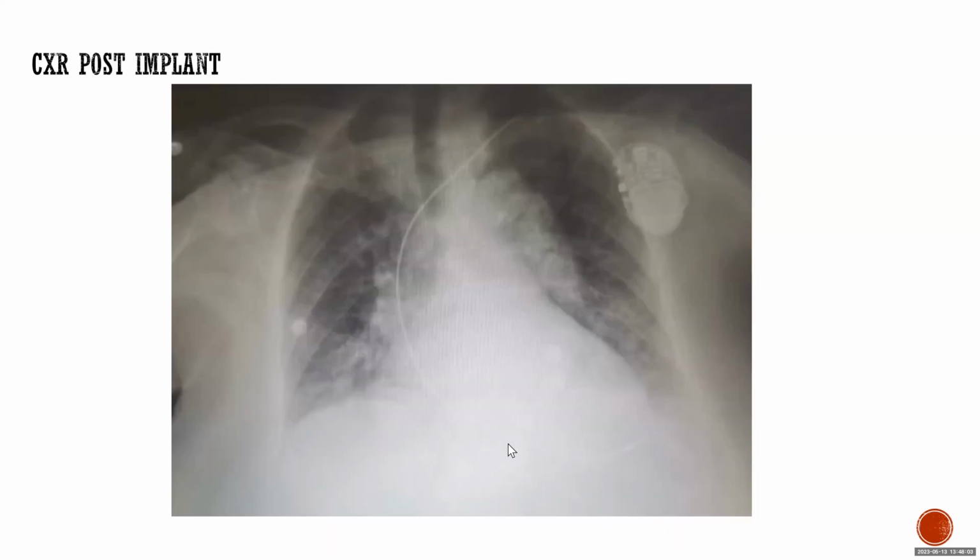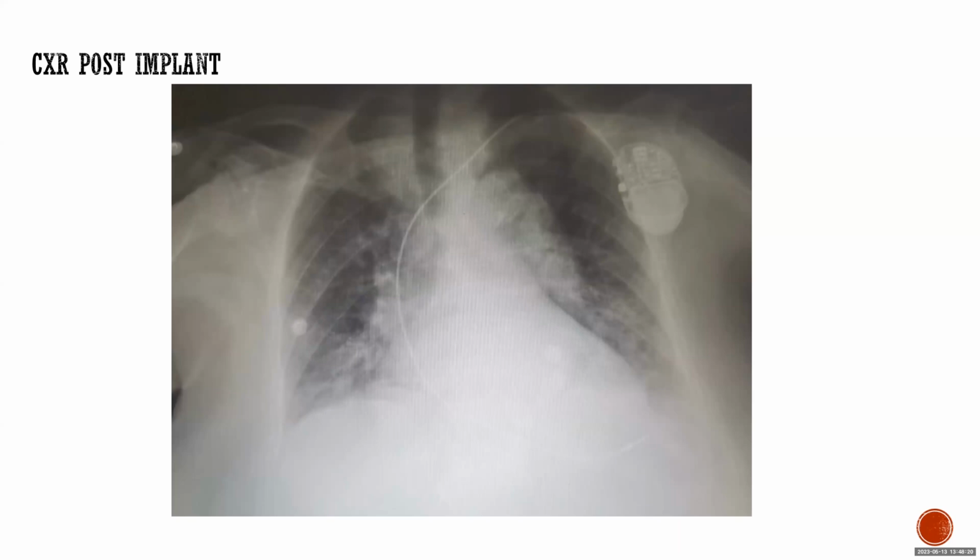This is the tip, the RV apex. This is a week later, and you can see how the lead is now advanced away from the RV apex. So it dislodged, which led to undersensing and failure to capture.